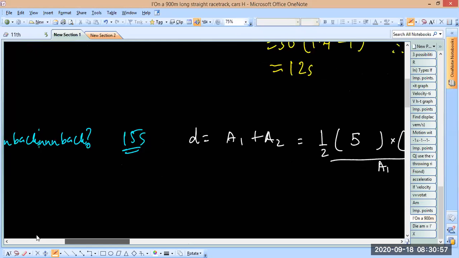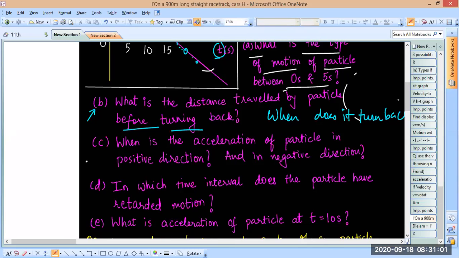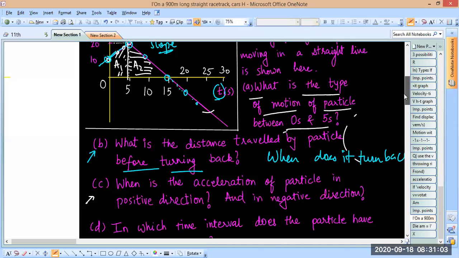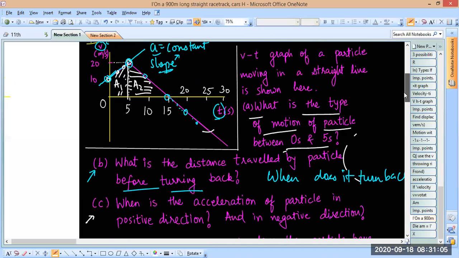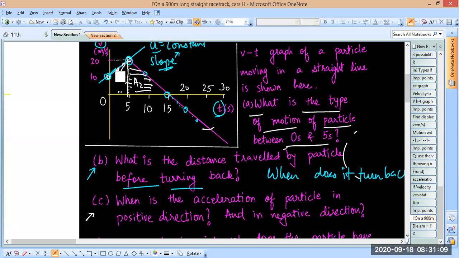Okay. Now part C. What's your answer of part C? Hurry up. When is the acceleration in positive direction and when is it negative direction?